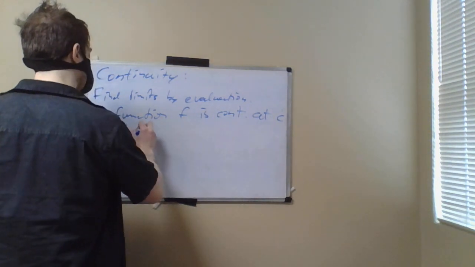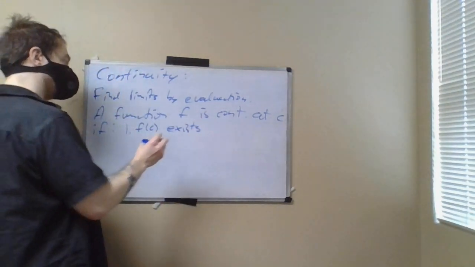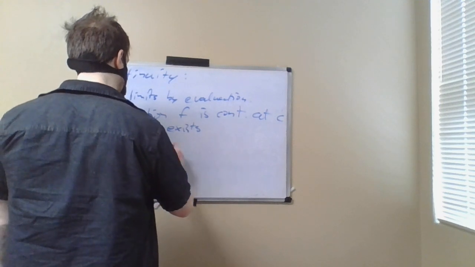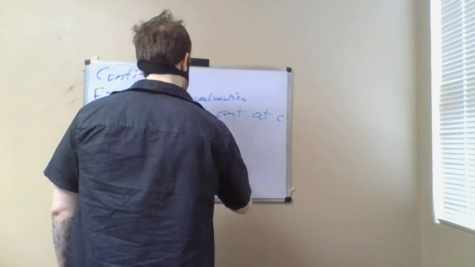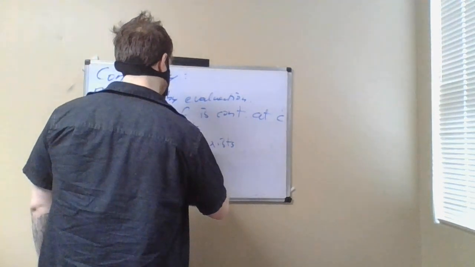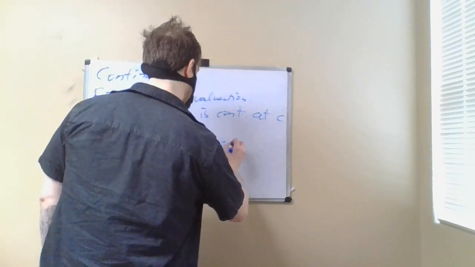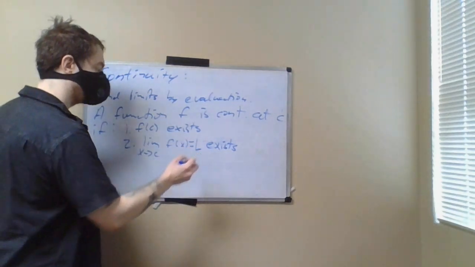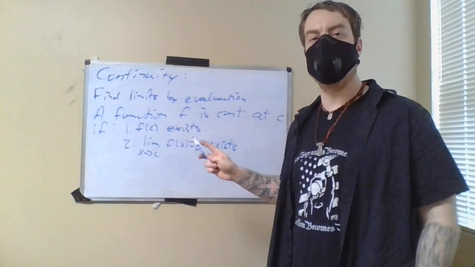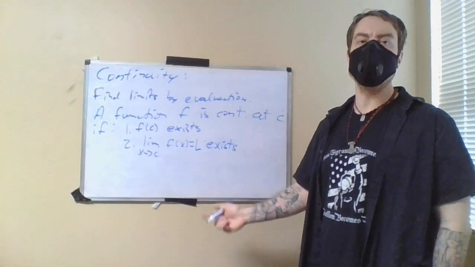So the first thing is f of c exists. That's important. The second is that the limit as x approaches c of f of x exists, and let's say that it is equal to some quantity L. And what do we mean by saying it exists? Remember how in the previous lecture we talked about infinite limits, where we would write the limit is equal to infinity or negative infinity.